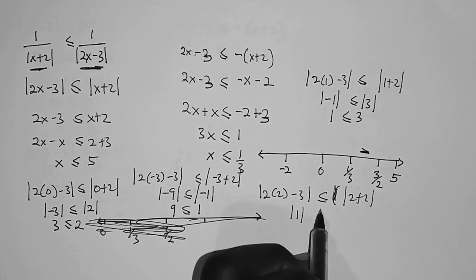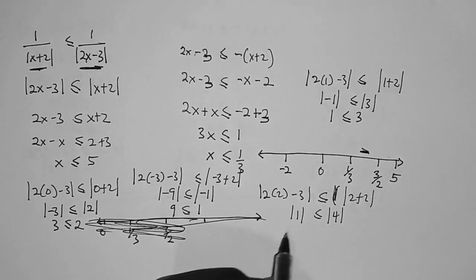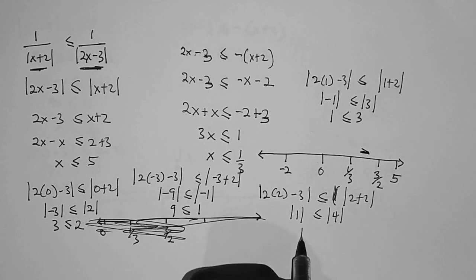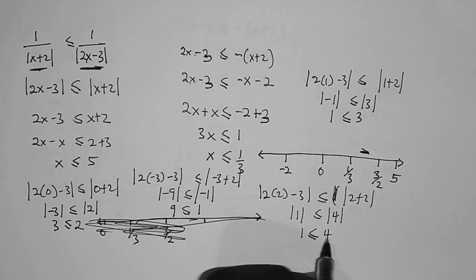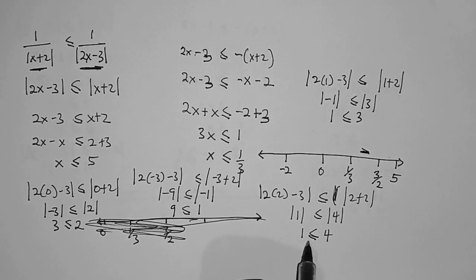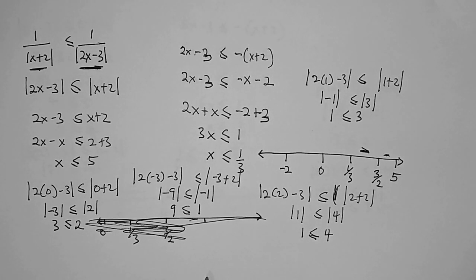So absolute value of 1 is 1, less than or equal to absolute value of 4, which is 4. And it is true that 1 is less than or equal to 4. So this region is also a required region.